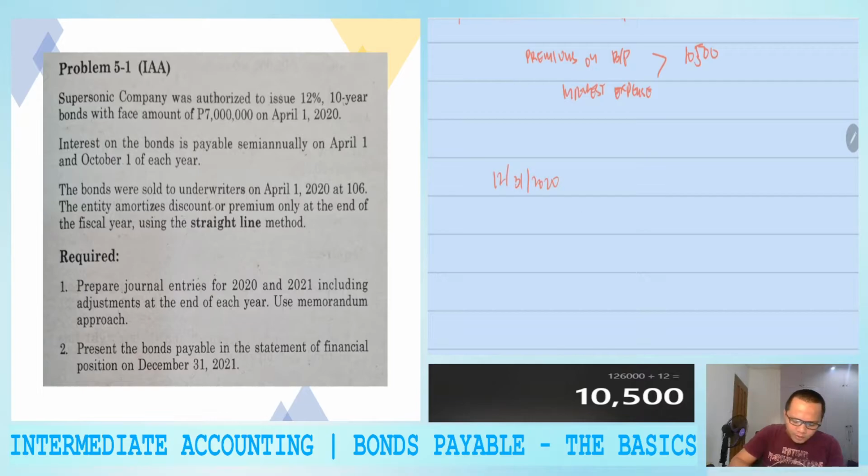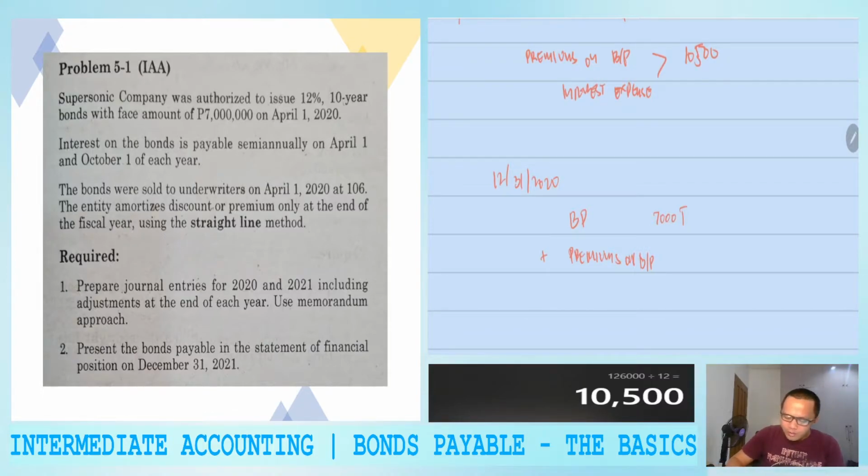We are to present this in the balance sheet as bonds payable 7 million, add your premiums on bonds payable.